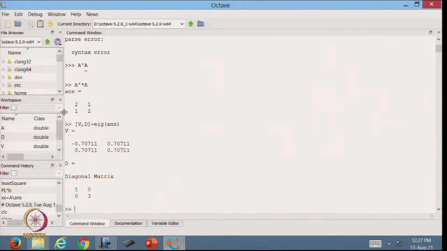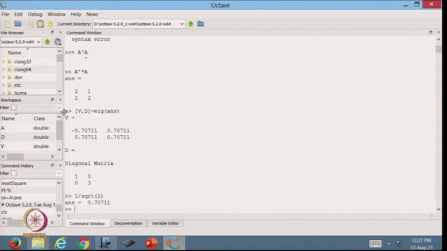From here, the eigenvalues are 1 and 3, and this is the corresponding eigenvector matrix. For V1 I got 1 by square root 2, which is 0.701. It means that the eigenvalue 3 has the corresponding eigenvector 1 by root 2 and 1 by root 2, and corresponding to eigenvalue 1, the eigenvector is minus 1 by root 2 and 1 by root 2.